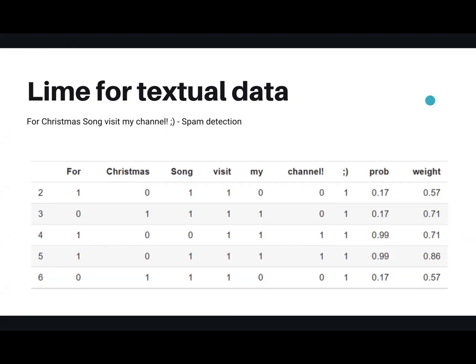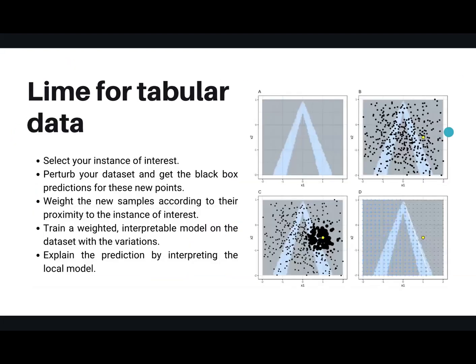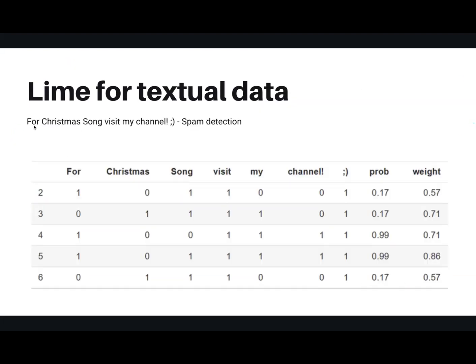What you can do is represent this as a one-hot encoded vector. This is exactly what you just said, but just a little bit different.